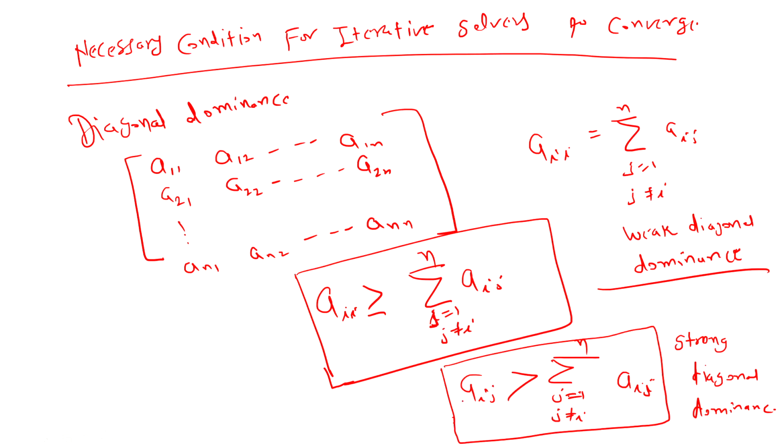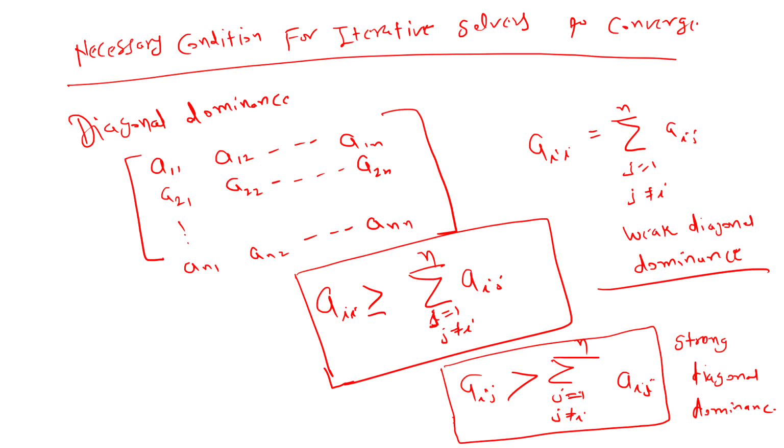So if there is this greater sign, then the number of iterations required to get the converged solution of the matrix system Ax equals B via either Gauss-Jacobi or Gauss-Seidel method will be low.